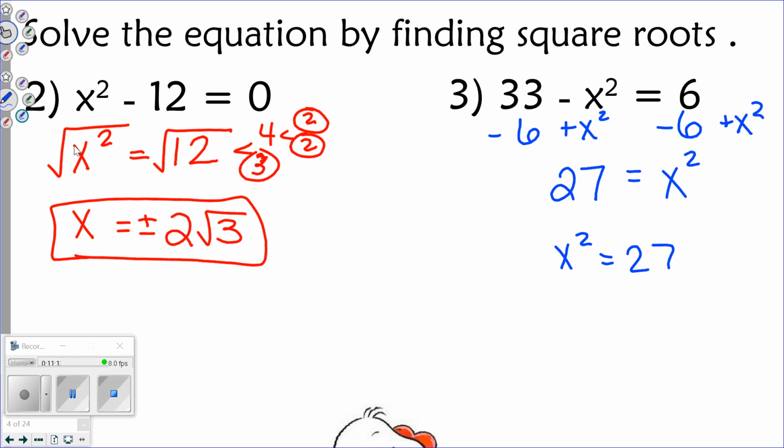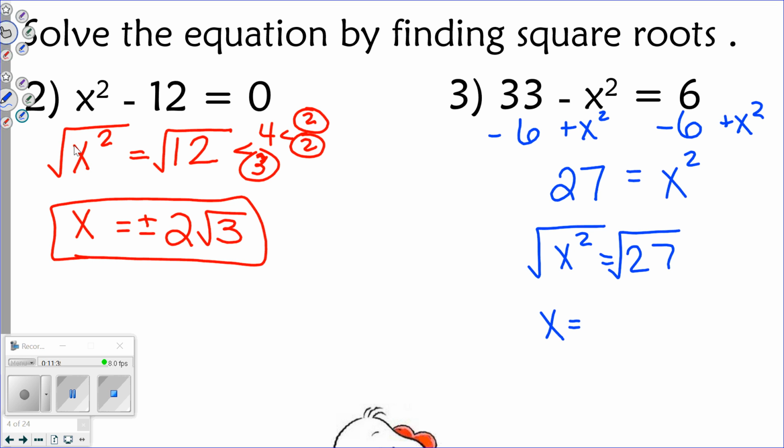I subtracted 33 to 6. You have to divide by -1. Yep. All right, if you guys didn't hear what Luke just said, he subtracted the 33 over here. Then that negative was still there, so then he had to divide by -1 to get rid of that. But yeah, you have to get rid of that negative. So either way. And then once the squared term's by itself, we take the square root.